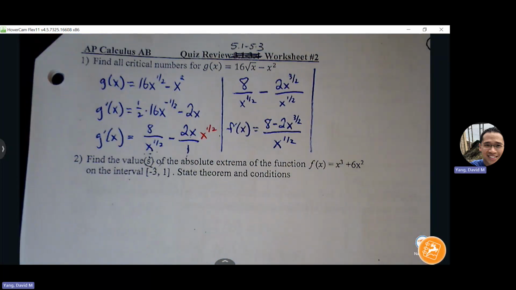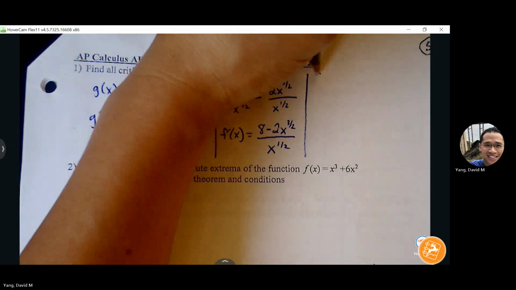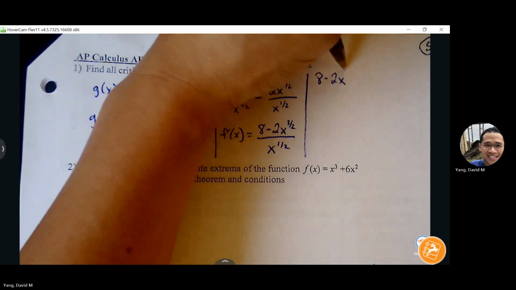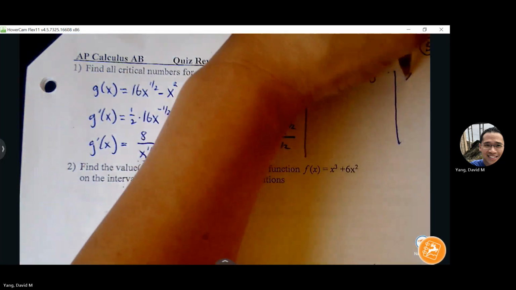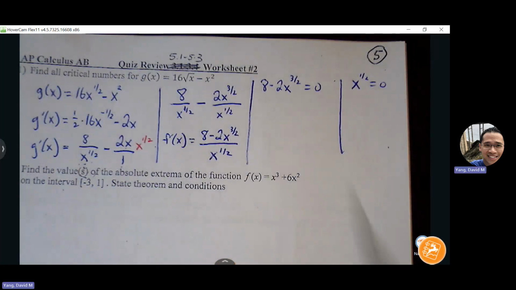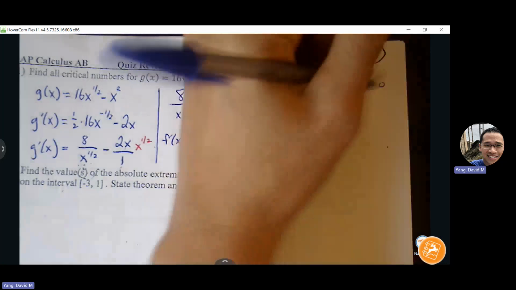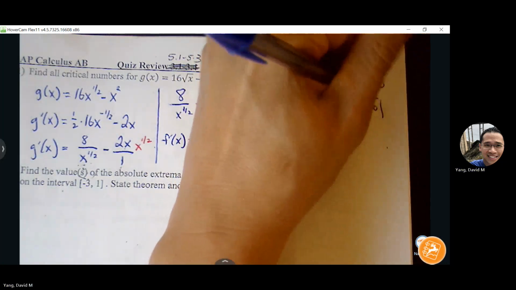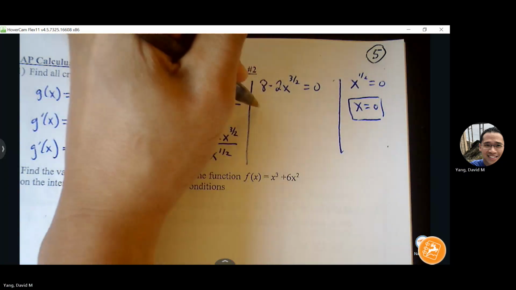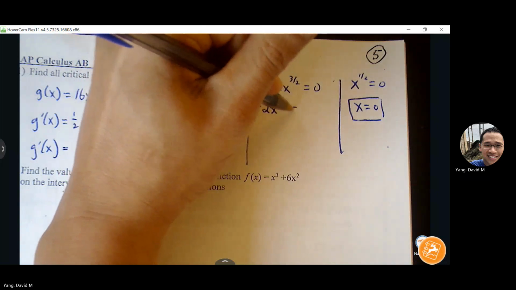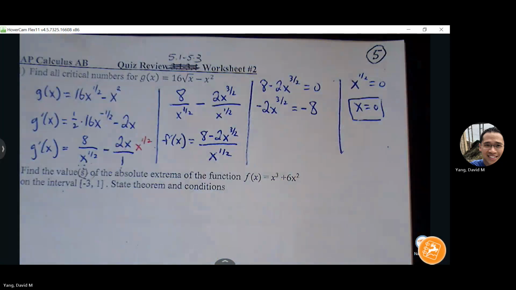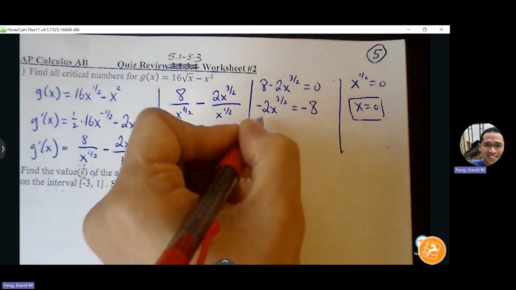Set both the numerator equal to 0 and the denominator equal to 0 separately. This one's easy, square both sides. I'm still left with x equals 0. This one, divide both sides by -2 first.